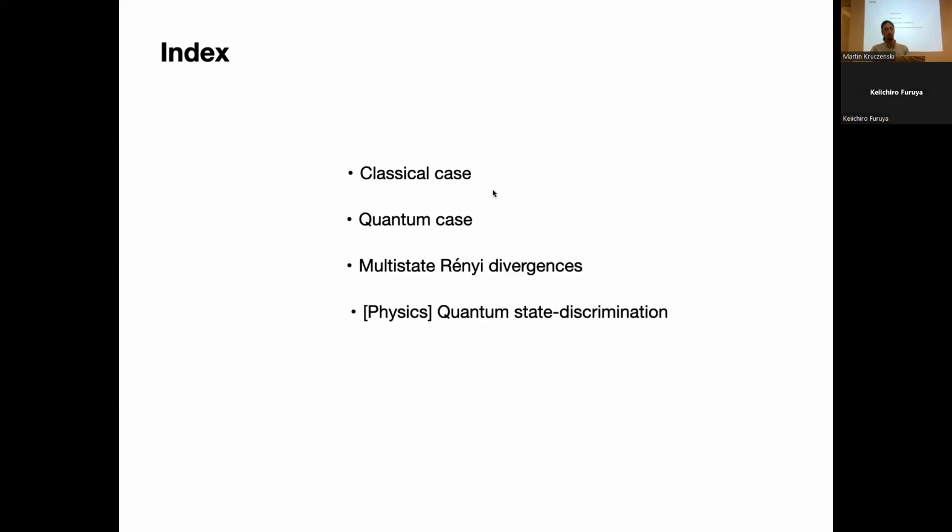We did the generalization even for quantum field theory, but we won't go into it. The language I'm going to use is density matrices. I'm not going to present any modular theory and all that, but if you want to know, I can tell you about it today. And then I will show you how the multi-state Renyi divergences look, and then we're going to go into physics.